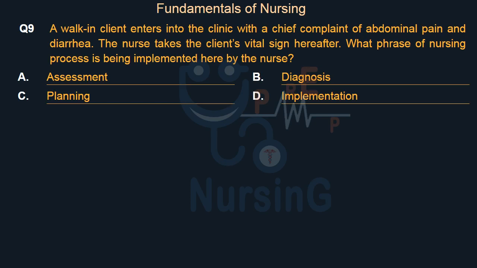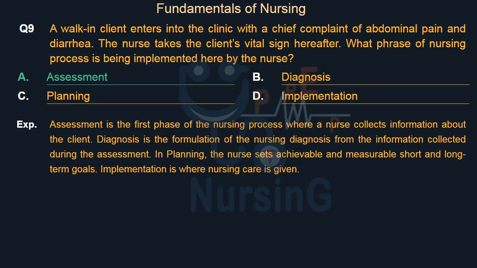Right answer is Option A. Assessment. Assessment is the first phase of the nursing process where a nurse collects information about the client. Diagnosis is the formulation of the nursing diagnosis from the information collected during the assessment. In planning, the nurse sets achievable and measurable short and long-term goals. Implementation is where nursing care is given.